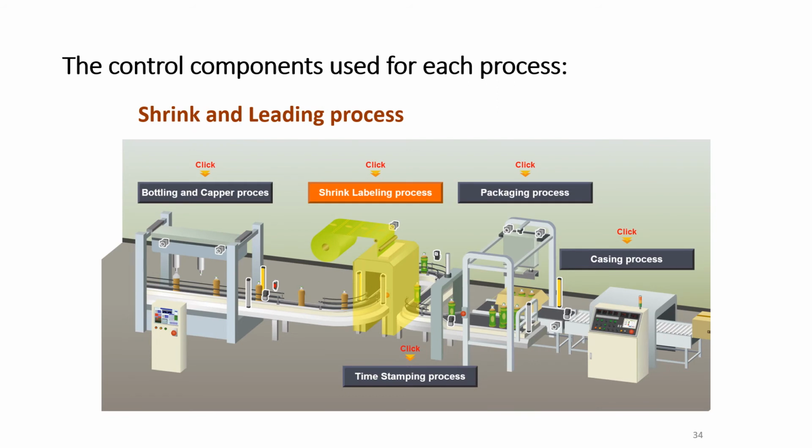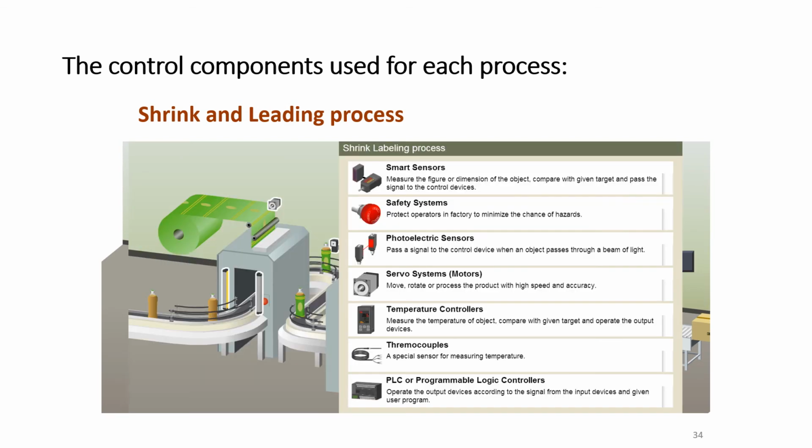Shrink labeling is the next process, which you could see is highlighted in yellow. In this process, the bottles were filled and capped in the first process. Here we have a roll of labels, and that will be shrunk around the bottles.